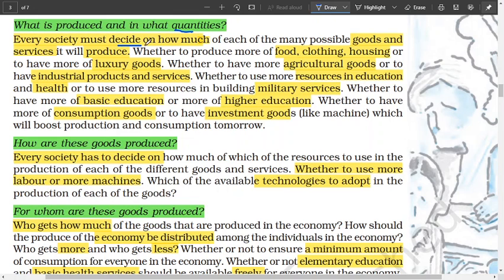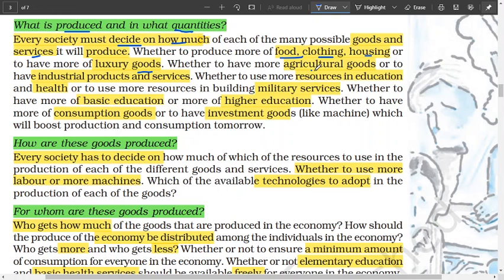So this is the first problem that any economy has to face. It has to decide on what is to be produced first and in what quantities, how much of goods and services to be produced. Whether they'll produce more food or clothing or housing or luxury goods consumed only by the rich, they have to answer that question.